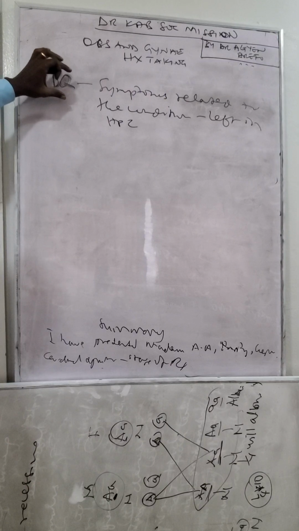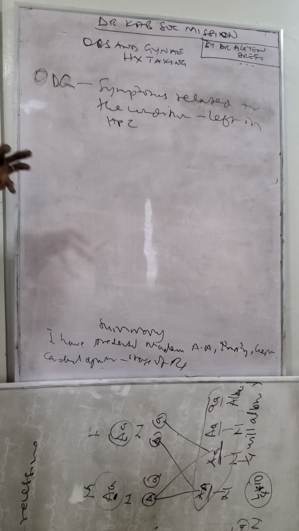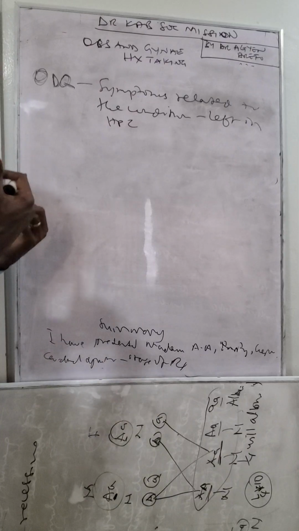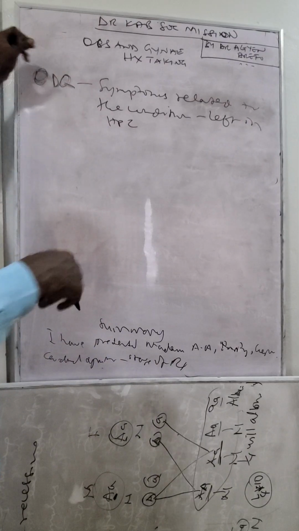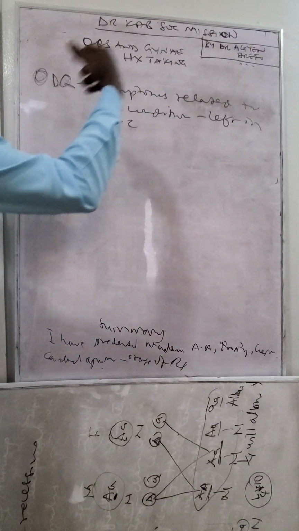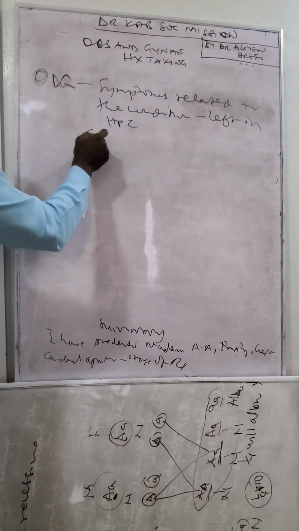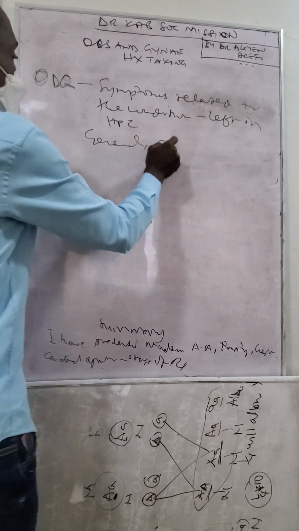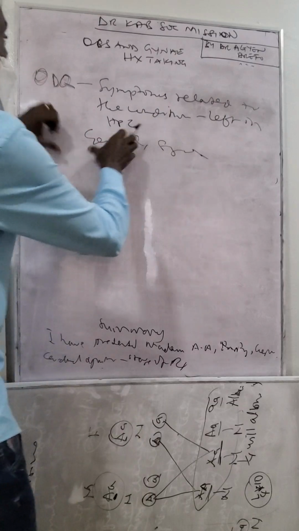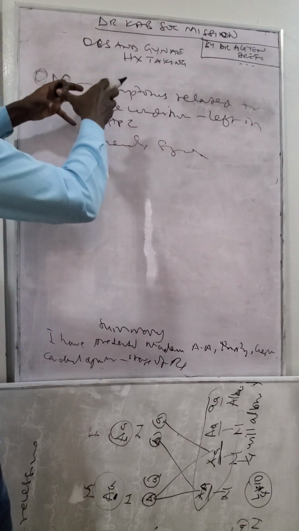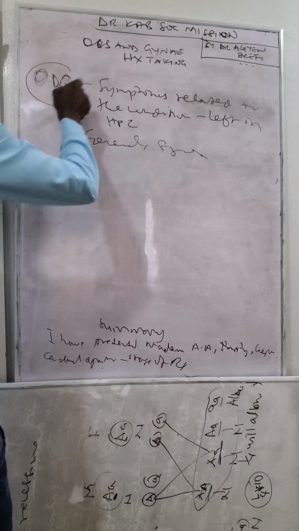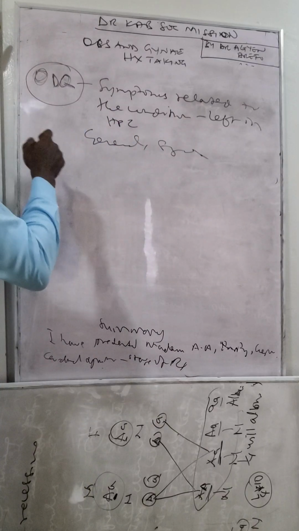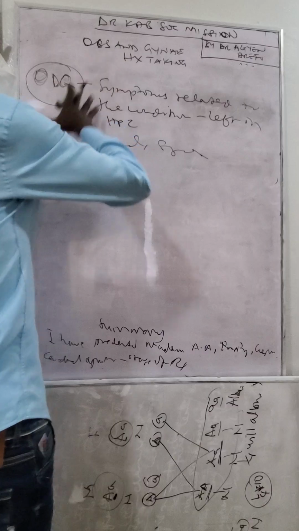You are just adding more flavor to your history. You can go in terms of the systems, from general to the systems. Those symptoms that support or rule out other conditions, you put them together under the ODQ. That is what you are doing to add more flavor to your history.